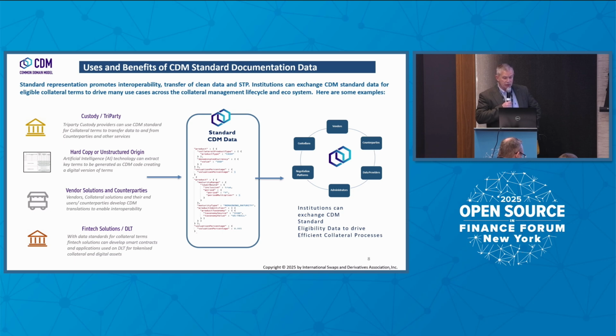Many vendor solutions and counterparties can develop mappings to ensure that they can become more interoperable and exchange this information. And then you have fintech solutions and DLT, where they can develop smart contracts and applications for tokenized collateral and digital assets. So institutions can exchange CDM standards more effectively between one another, both internally and externally.